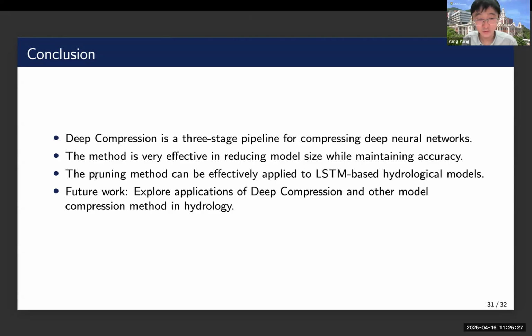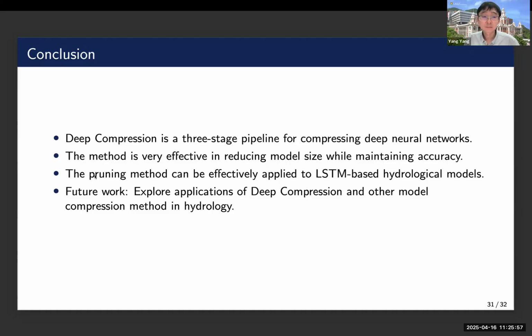And I try to run some initial experiment by pruning LSTM networks for hydrological predictions. The result is showing that pruning is also very effective for large LSTM-based networks, but we can just directly train a smaller LSTM network, which is equally efficient. So the future work is to explore more applications of deep compression and other technologies in hydrology.